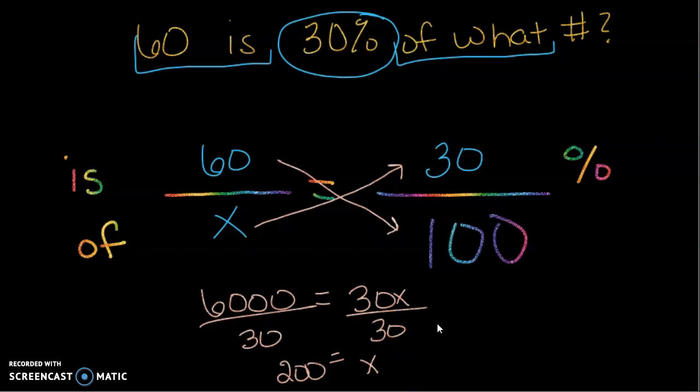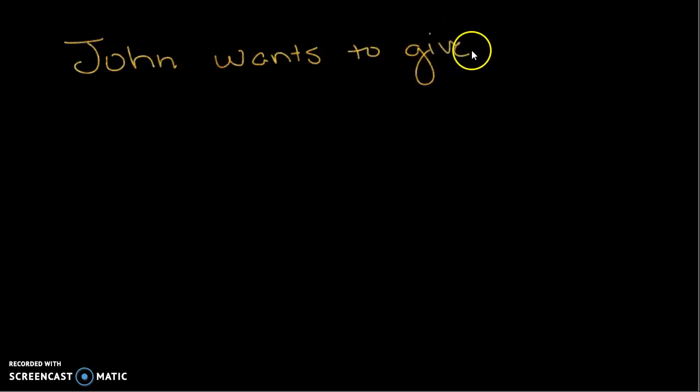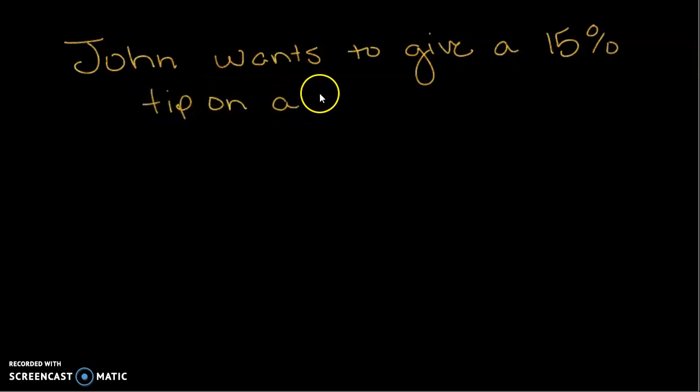Sometimes when you're taking your quiz, the hard part is that "what is" is creating this sentence. In this example, we'll give a word problem. John wants to give a 15% tip on a $34 bill.